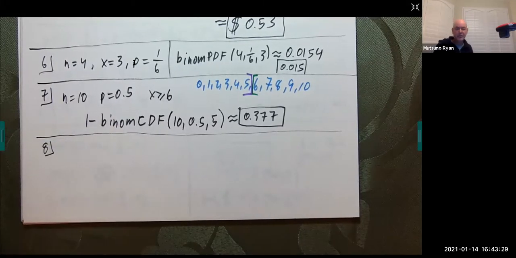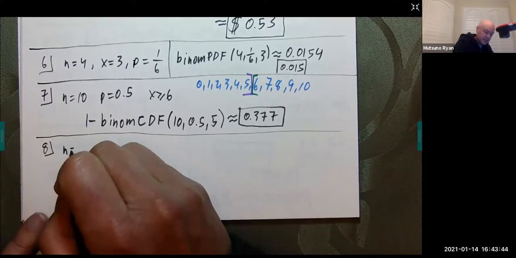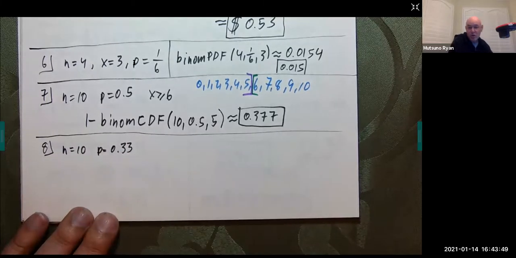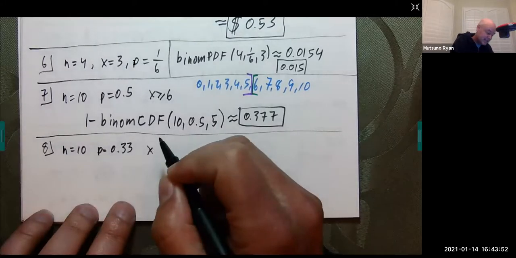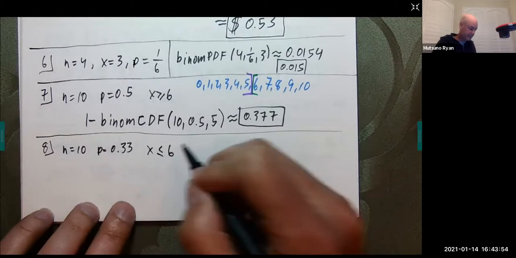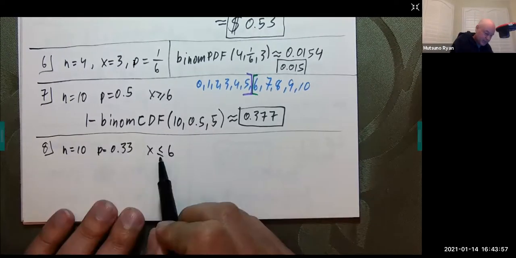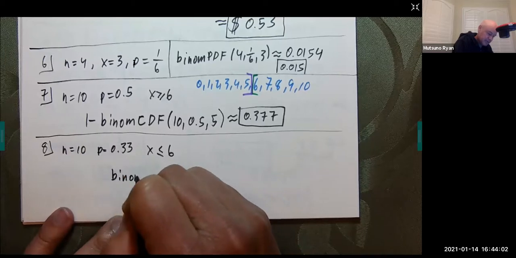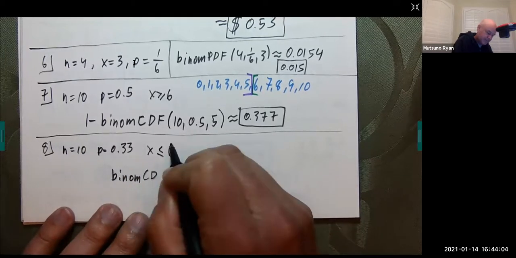In a certain college, 33% of the physics majors belong to ethnic minorities. And 6 belong to an ethnic minority. So in this case, N once again is 10. P is 0.33. X is no more than 6. That means X is less than or equal to 6. So because it's less than, I don't need to do the 1 minus. So this is just binom CDF, because the inequality again.